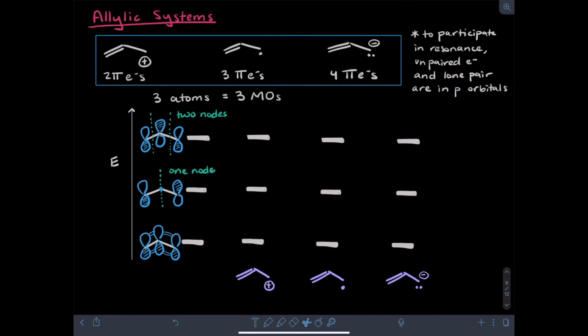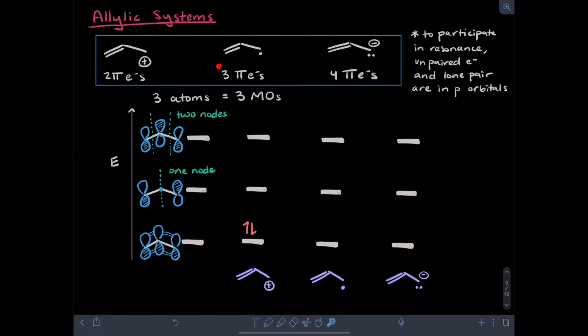Now I want to consider which of these orbitals will be occupied or unoccupied depending on whether I'm looking at my cation, my radical, or my anion. As a reminder from before, my allylic carbocation has 2 pi electrons. I'll have 2 electrons occupying my lowest energy molecular orbital.